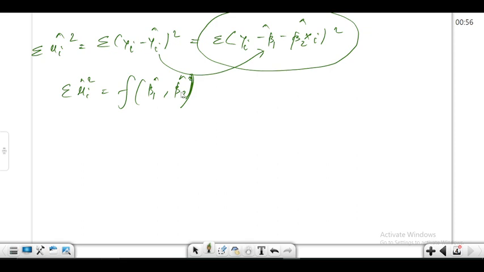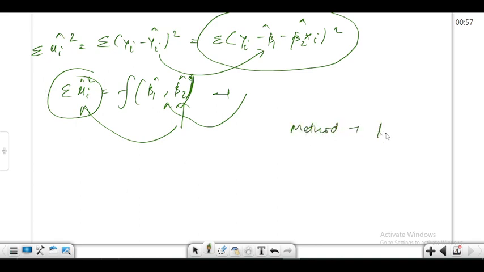The principle or the method of least squares chooses beta 1 hat and beta 2 hat in such a manner that for a given sample or set of data, the summation of ui hat square is as small as possible. So in this method we try to choose our beta 1 hat and beta 2 hat in such a manner that the square of the error around the regression line is minimized, or is as small as possible, and that is why it is called the method of least squares.